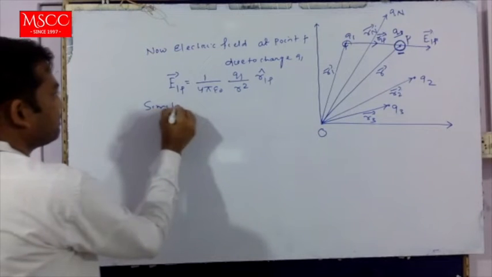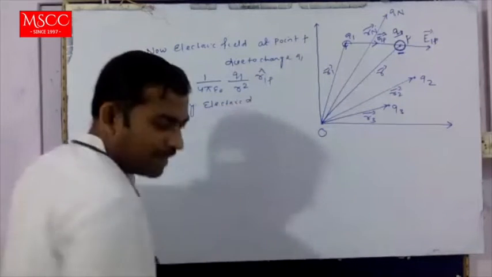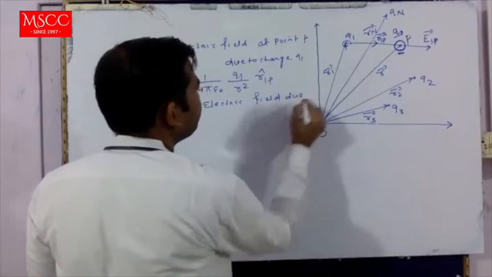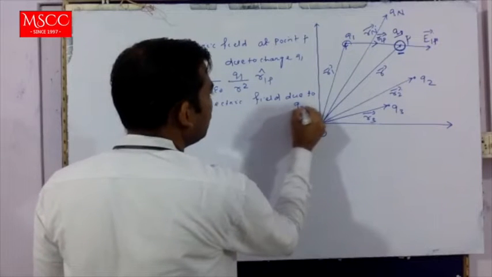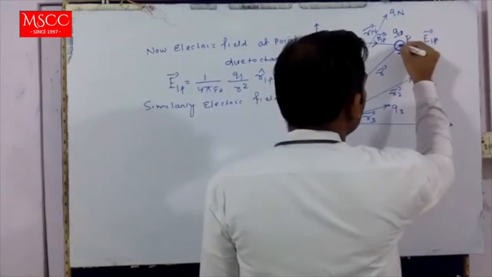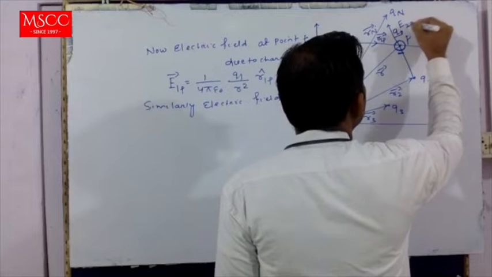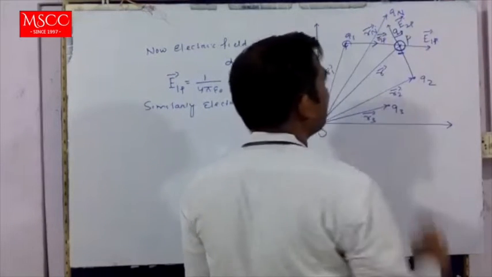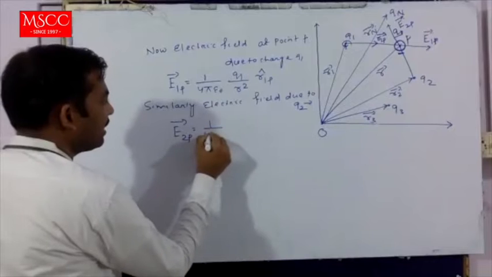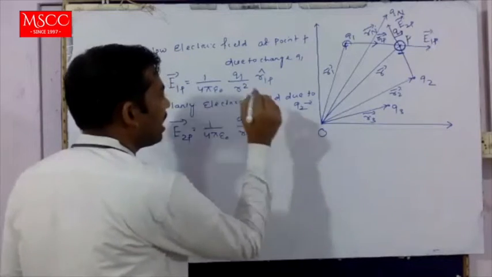Similarly, the electric field due to Q2, in the direction Q2 to Q0, that is E2P equals 1 by 4 pi epsilon 0 Q2 by R2P square R2P cap.